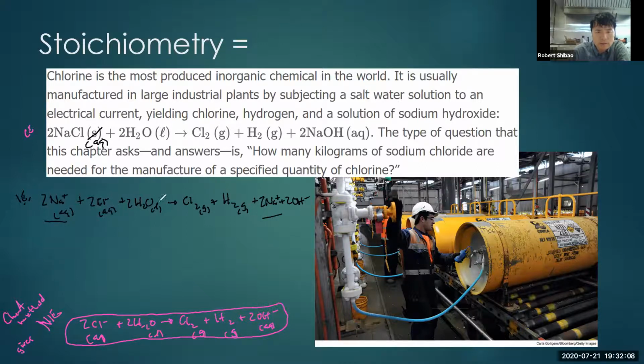Water did, for sure, because water went from water to hydrogen gas and hydroxide. And so it looks like the sodium ions are spectators in this particular reaction. And so when I do the NIE, I'm going to get 2 chlorides plus 2 waters yields chlorine plus hydrogen plus 2 hydroxides, which is the same.